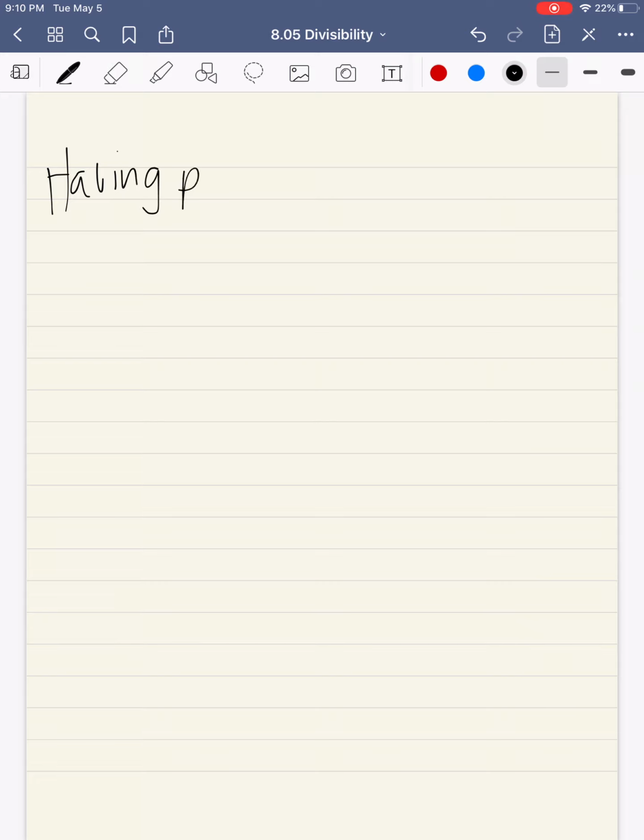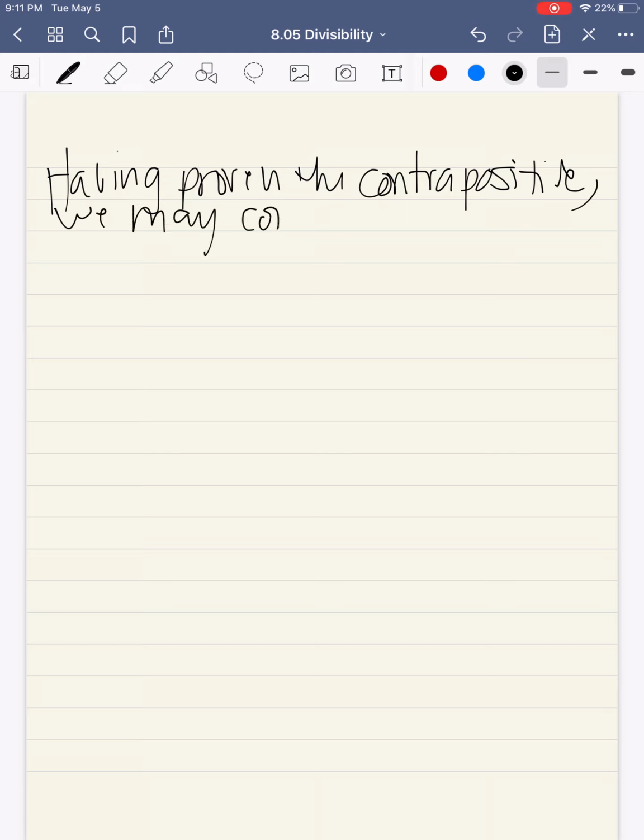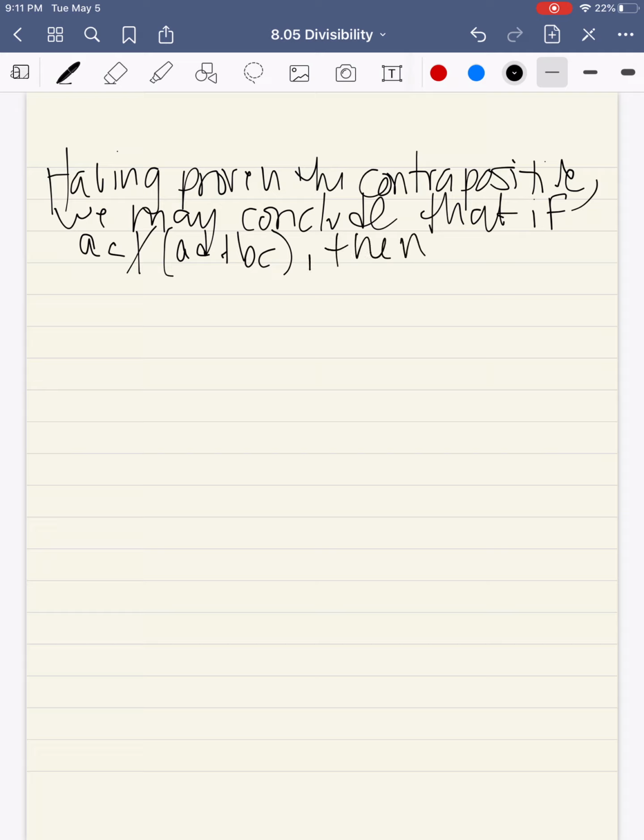So having proven the contrapositive, we may conclude that if AC doesn't divide the quantity AD plus BC, then either A doesn't divide B or C doesn't divide D.